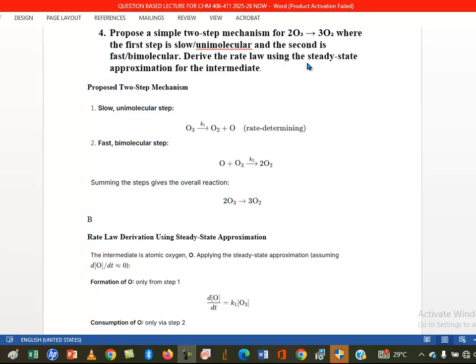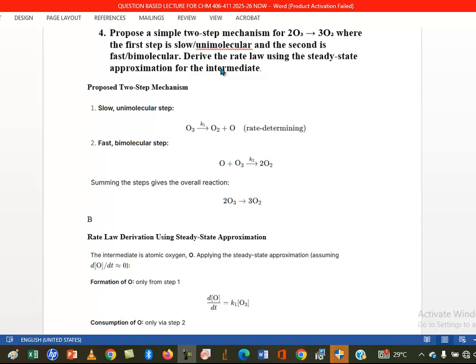Derive the rate law using the steady state approximation for the intermediate. So the question is divided into 2 parts. You have to propose the mechanism, right? And then you have to derive the rate law using the steady state approximation for the intermediate. So take note of that.